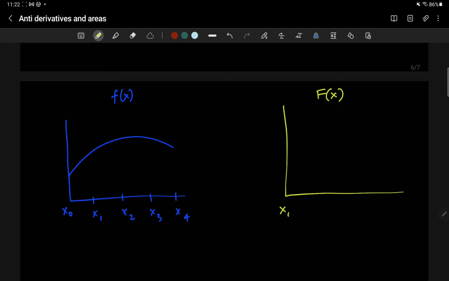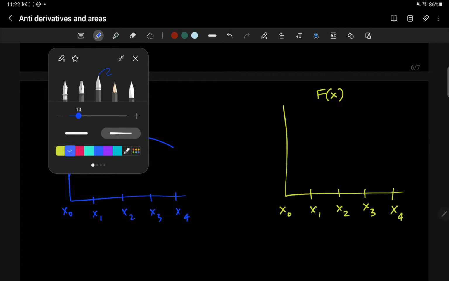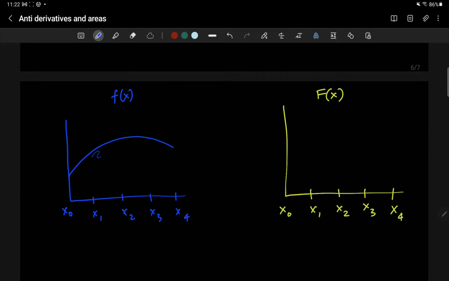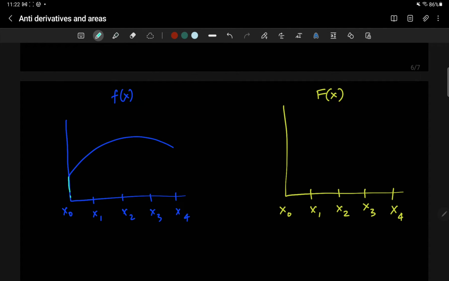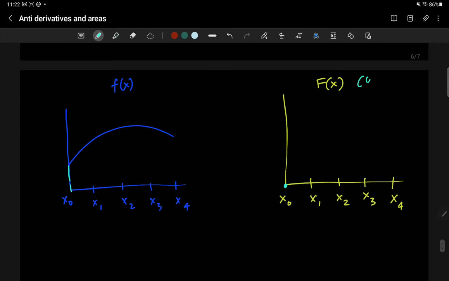And at exactly these points, x0, x1, x2, x3, and x4, it has certain values. What those values are is the cumulative area. So at x0, how much area is under the curve here? It's 0. So this is cumulative area.